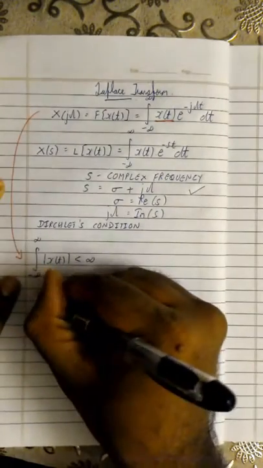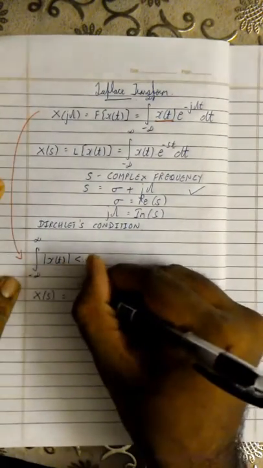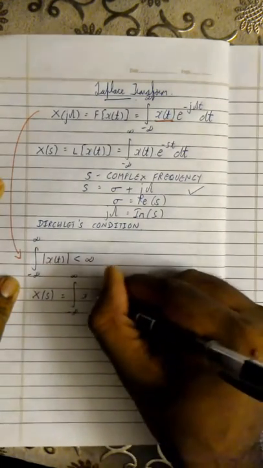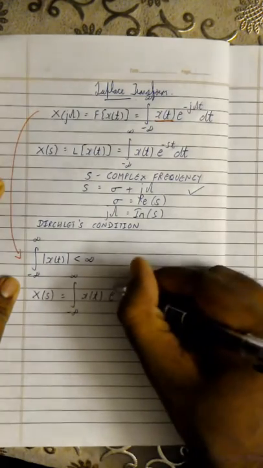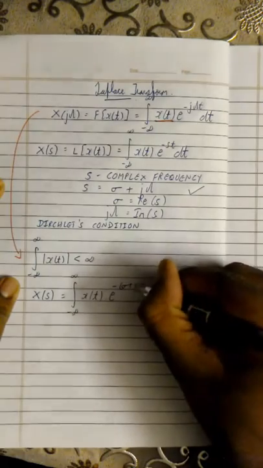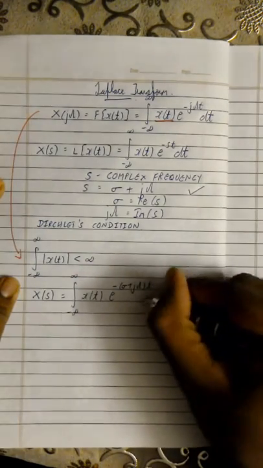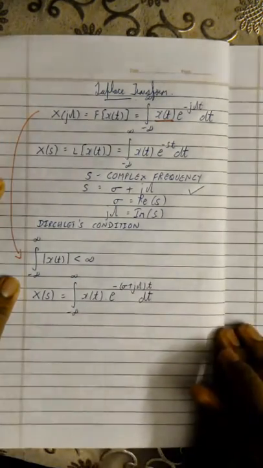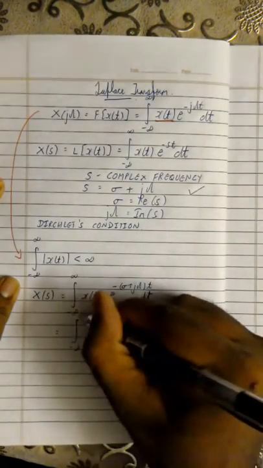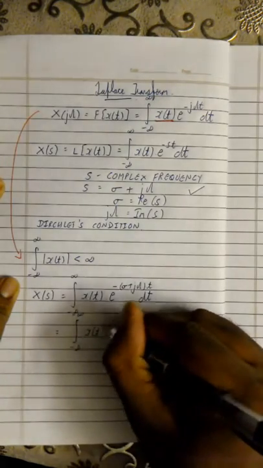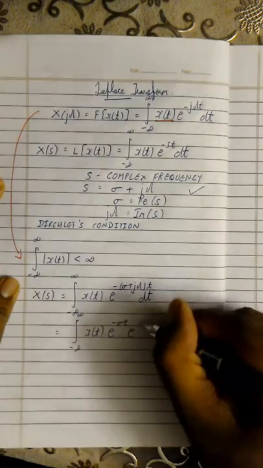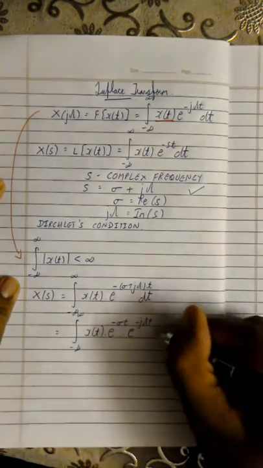I get X of s is equal to the integral from minus infinity to plus infinity of x of t into e raised to minus of, replacing s with sigma plus jΩ, sigma plus jΩ times t, dt. I can also write this equation in this format: the integral from minus infinity to plus infinity of x of t into e raised to minus sigma t into e raised to minus jΩt dt.